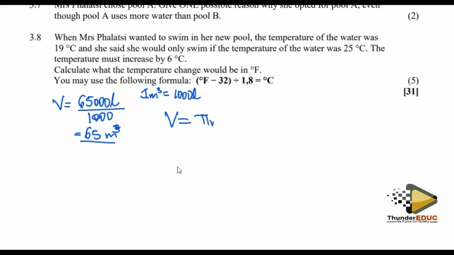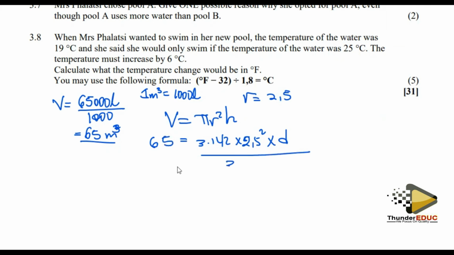They took pi r squared h. We saw that our r is 2,5. So we come here and say 3,142 times 2,5 squared times the depth, which is missing, should give us the answer 65. So you divide through by 3,142 times pi r squared.